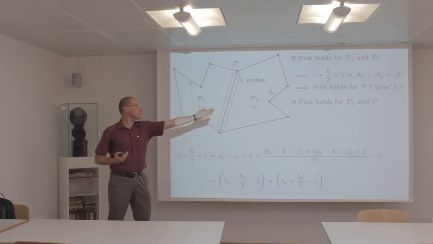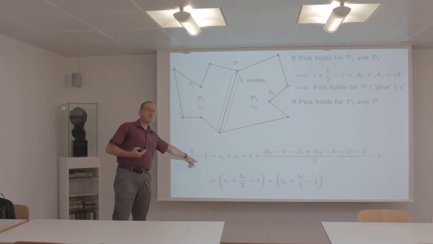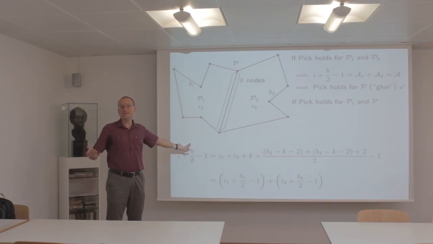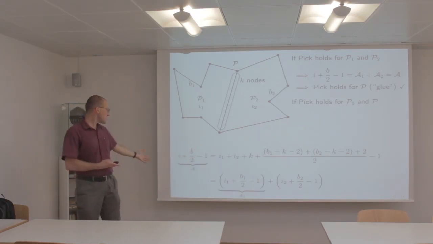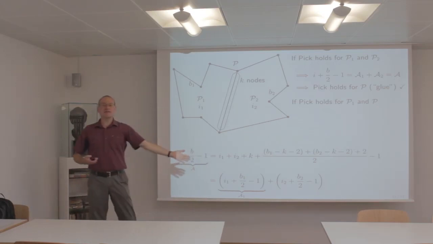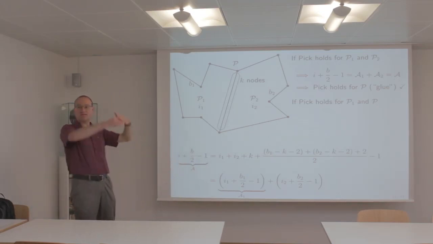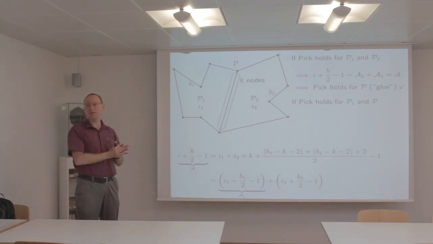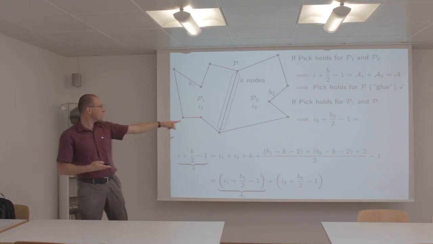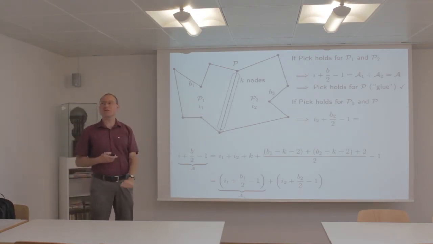And if Pick's formula holds for the big polygon, this quantity is exactly the area of the big one. So it means that these two quantities are the corresponding areas, if Pick's formula holds for the big one and for P1. And therefore, what can you say about this quantity, the quantity for P2?